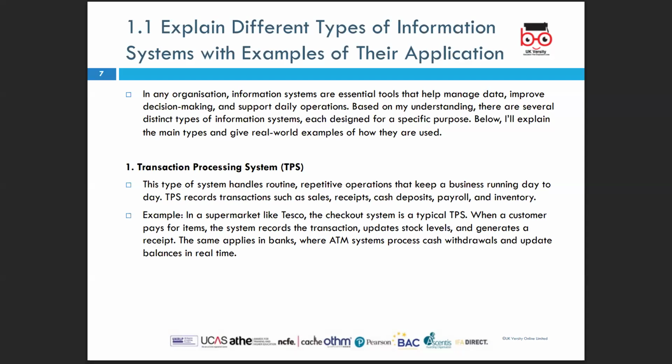So our transaction processing system. An example of where we could find this is in a supermarket like Tesco, where the checkout system is typically a transaction processing system. Customers pay for the items, the groceries, and the system records the transaction, updates the stock levels, and generates a receipt.